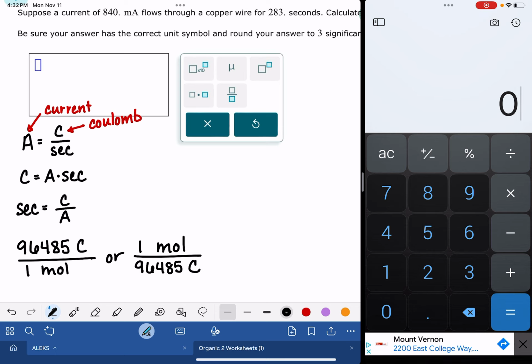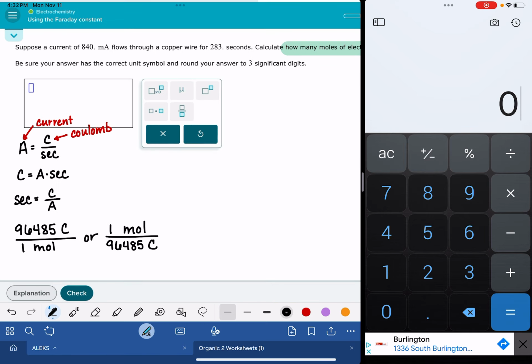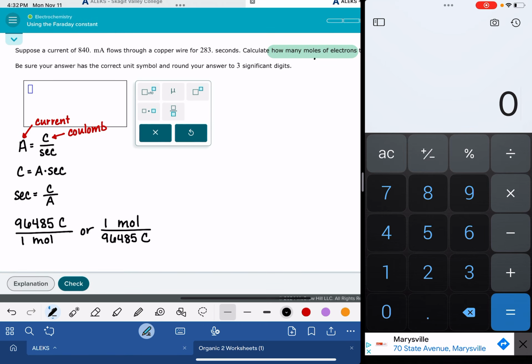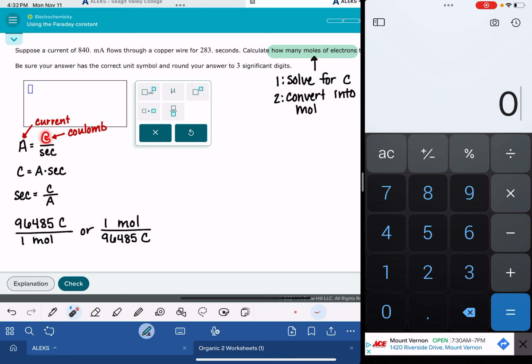Okay, so my problem is asking me to solve for the number of moles. To do that, I first need to solve for coulombs, and once I know the coulombs, I can convert into moles. Like I said, in the other versions of this problem, you are going to be given moles, and then you'll have to convert moles into coulombs so that you can plug it into this equation or this equation.